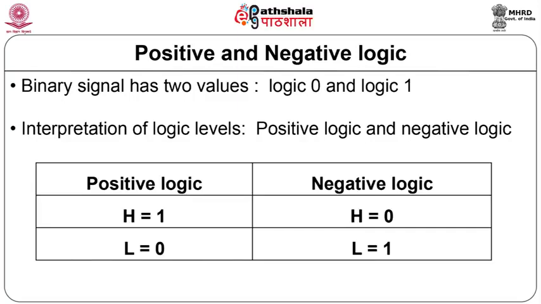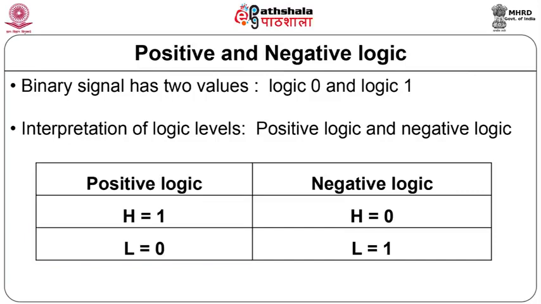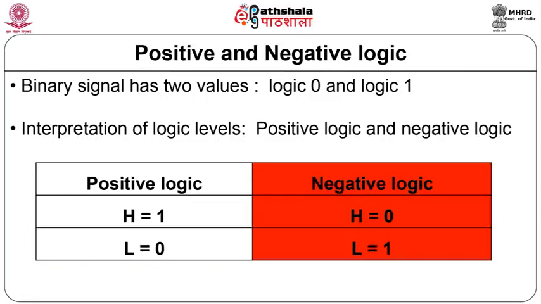When we consider positive logic, high is considered as logic 1 and low is considered as logic 0. In negative logic, the reverse is the case, that is high is considered as logic 0 and low is considered as logic 1.